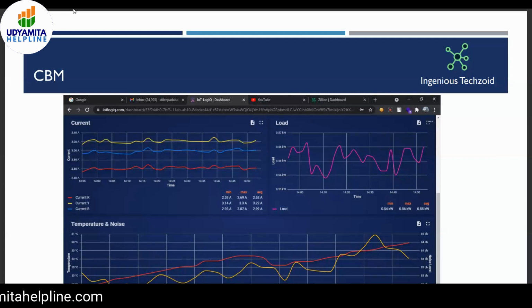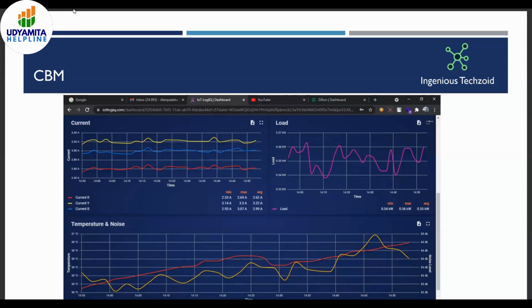And what our software does is it has machine learning algorithms. Those algorithms will help you to increase your productivity and reduce your losses. That may be in production, maintenance, energy saving, utility, safety, anything.